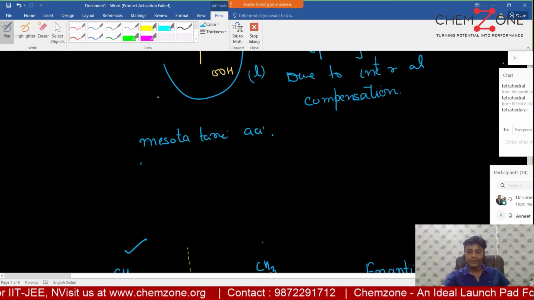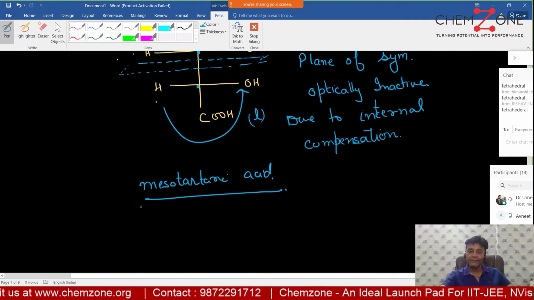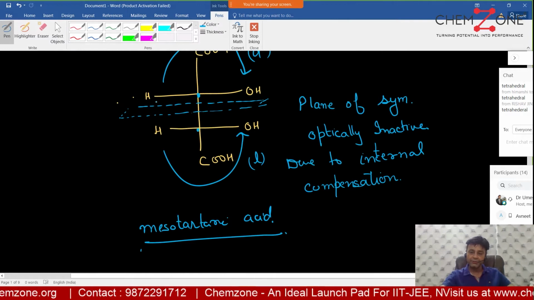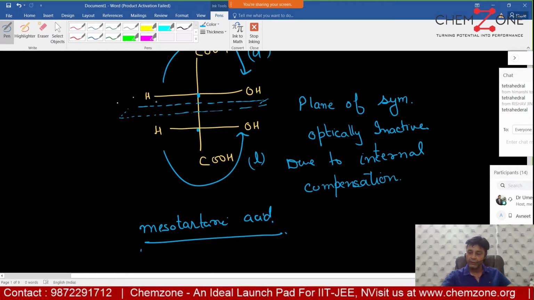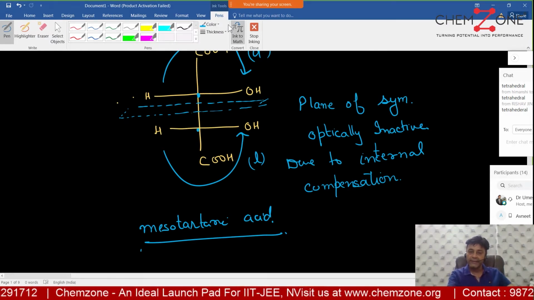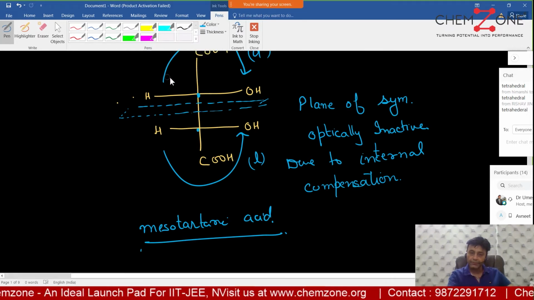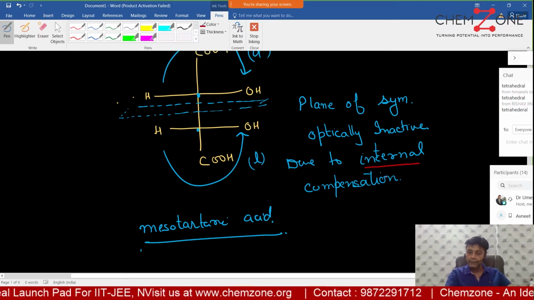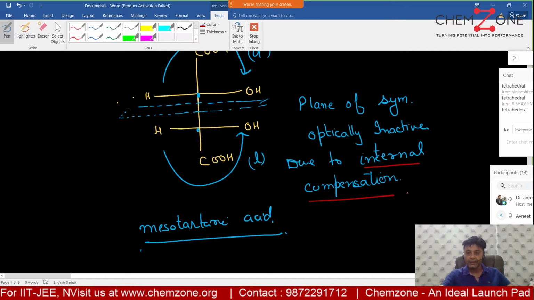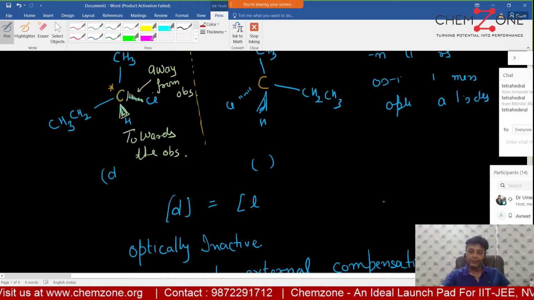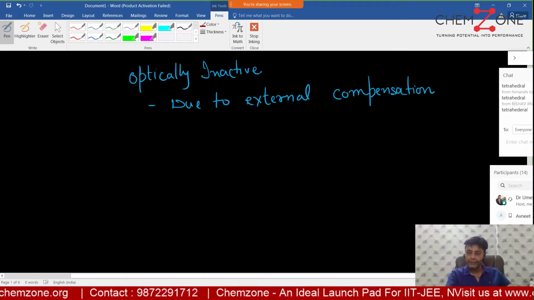Whereas in the previous case of mesotartaric acid, within the same molecule half the part is dextrorotatory and half is levorotatory, so we call this the internal compensation, and here it is the external compensation, outside of the molecule.